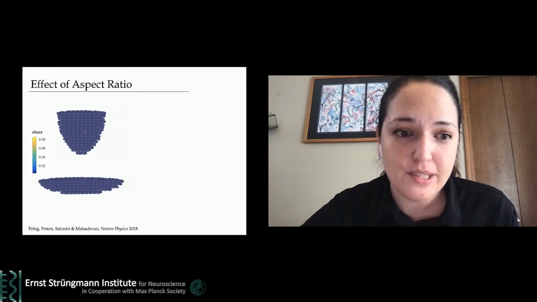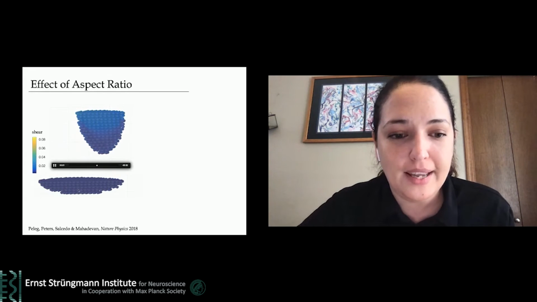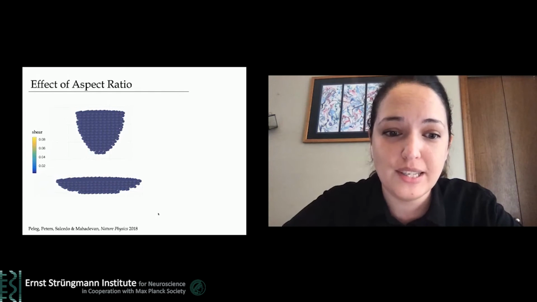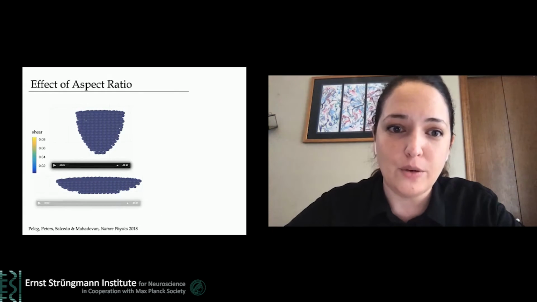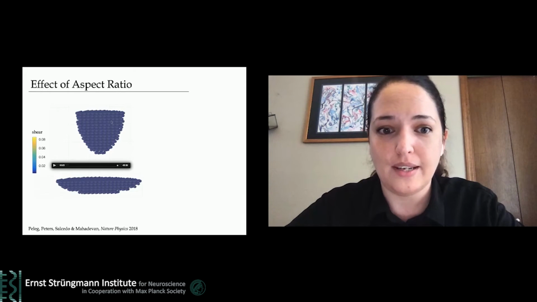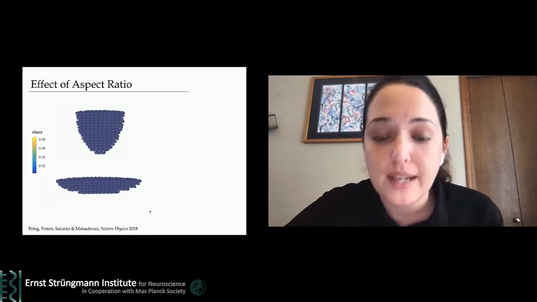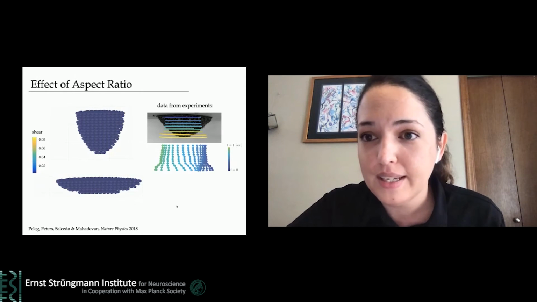Here at the top, this is the same movie from the previous slide of an elongated swarm, and I want to compare it now to a spread out swarm after the spreading process. Again, there's quite a sharp difference between the amount of stretching of bonds in the elongated case in comparison to the spread out swarm. And again, this is something that we can see happening in the experiments.